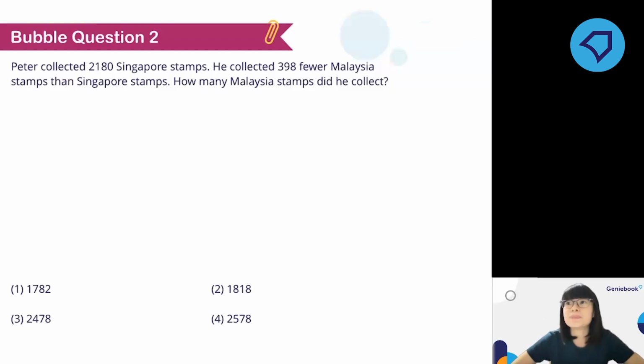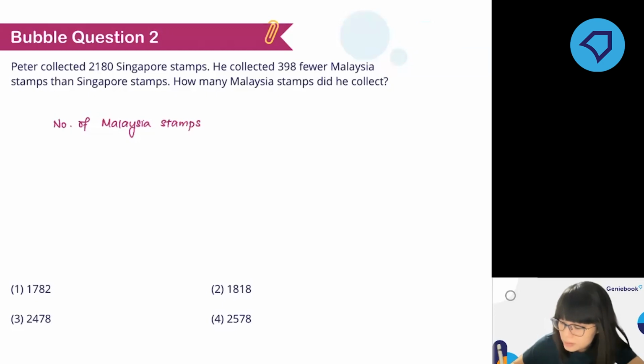Let's go. So you want to find the number of Malaysia stamps. Is it too fast? Do you guys need a little bit more time? It is complicated. Let's take a look over here, okay?